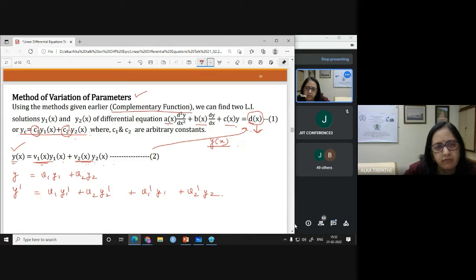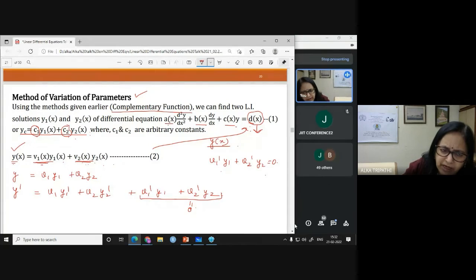Now, since I need two conditions, one condition I will take is that the derivative of the v part be 0. So one equation I now have is v1 dash y1 plus v2 dash y2 equal to 0. So I have one condition.